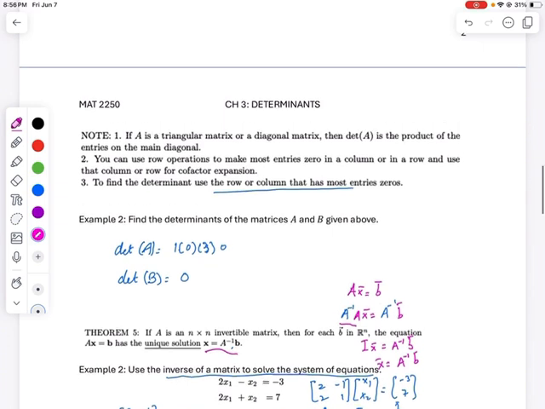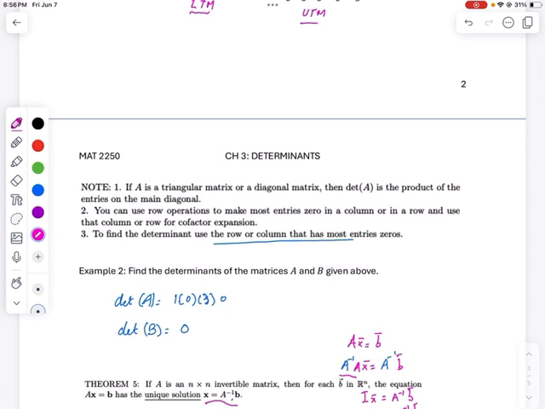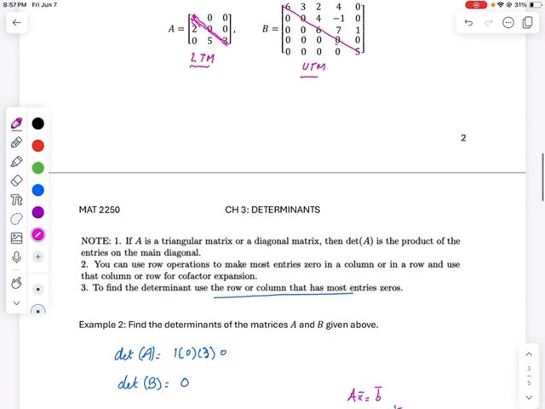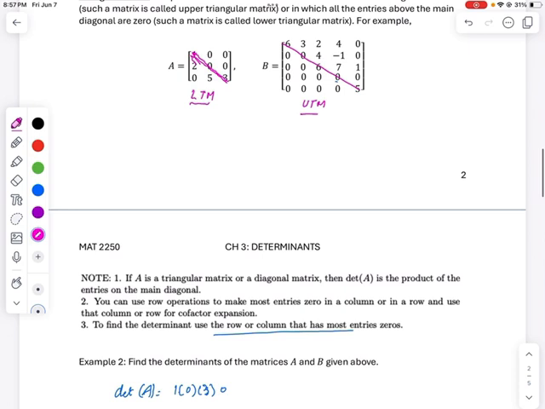Okay. Now this example is saying find the determinants of the matrices A and B given above. Which ones? The ones I just showed you here, A and B. So what will be the determinant of both of them? If you notice, we have some zeros in the diagonal, and the determinant will be just the product of the diagonal entries.